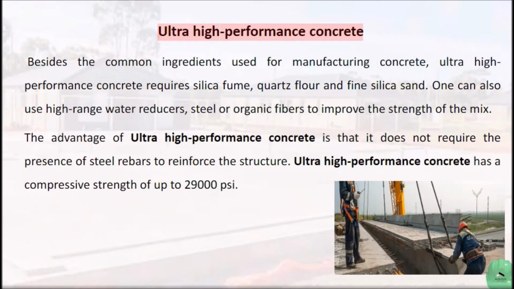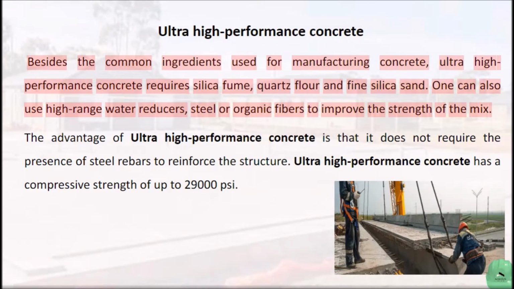Ultra-high performance concrete. Besides the common ingredients used for manufacturing concrete, ultra-high performance concrete requires silica fume, quartz flour, and fine silica sand.